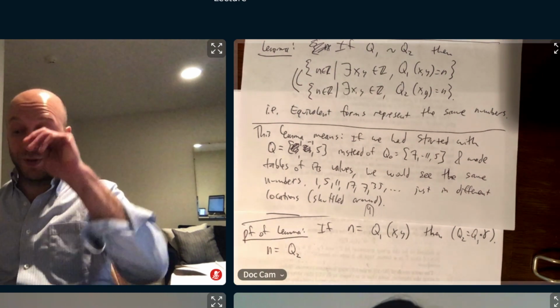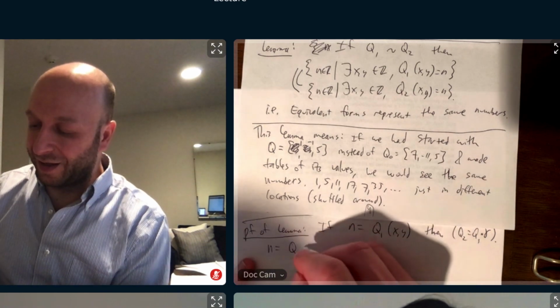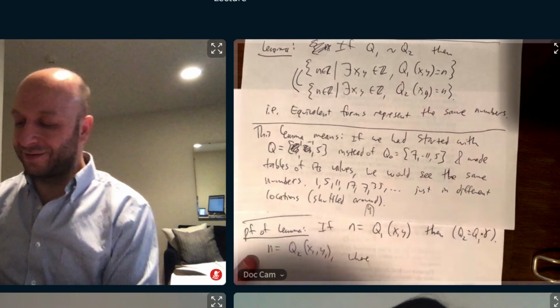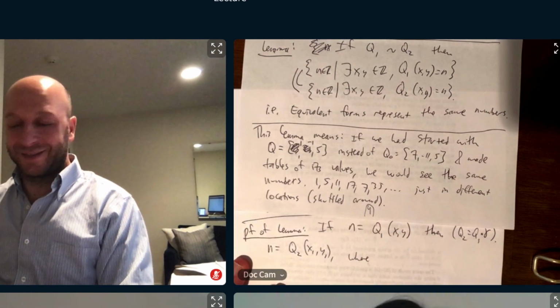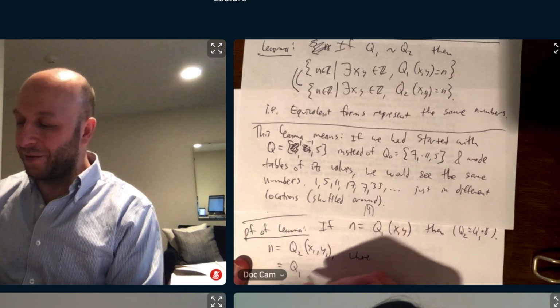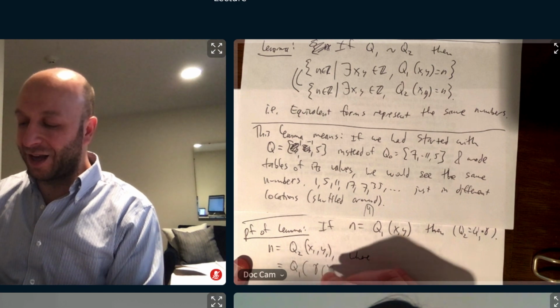So what will represent what values, let's say x1, y1? Well, the point is Q2 is Q1 composed with gamma, so this is gamma, A, B, C, D, times x1, y1.